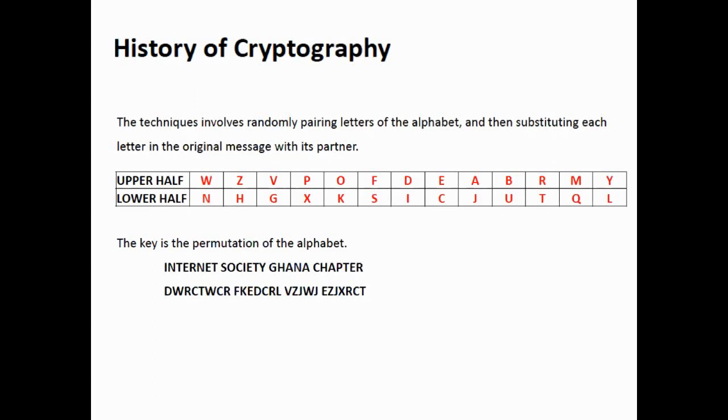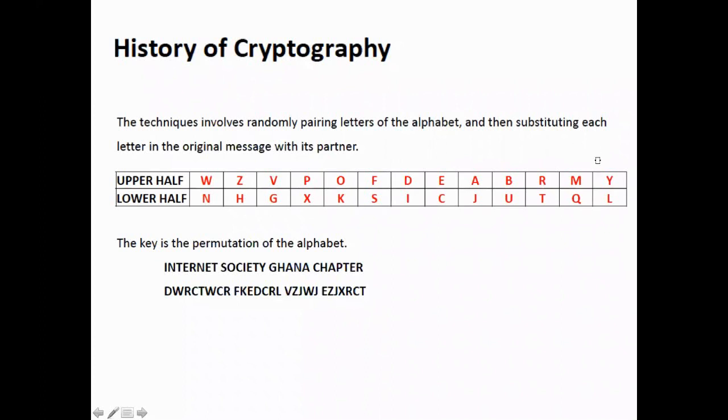So you divide the English alphabet into two halves, and you randomly jumble up, and there will be a correspondence between a particular index in the upper half, like W, and the corresponding index in the lower half, which is N. So the table of the upper half is W, and the corresponding index in the lower half is capital N, and similarly Z, H, V, G, and so on.